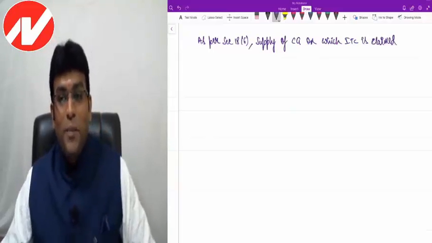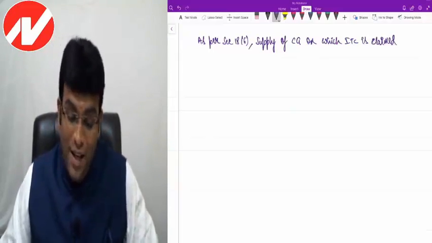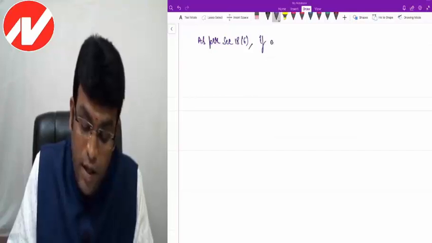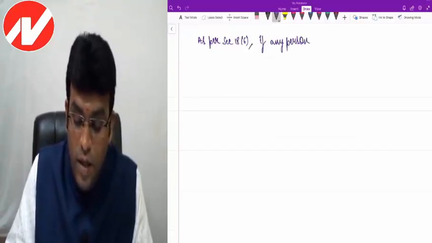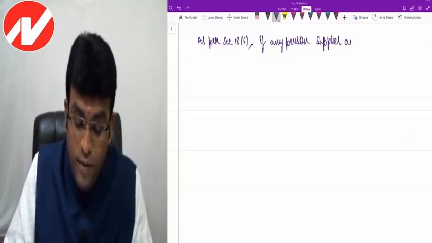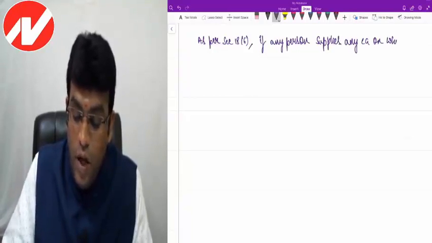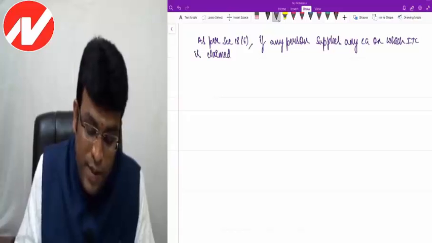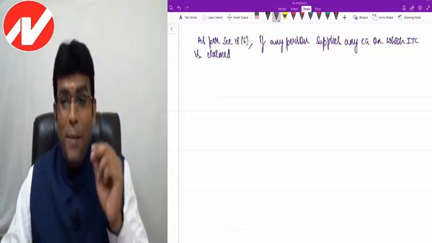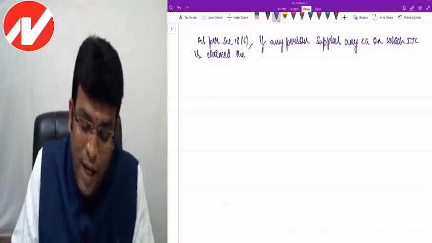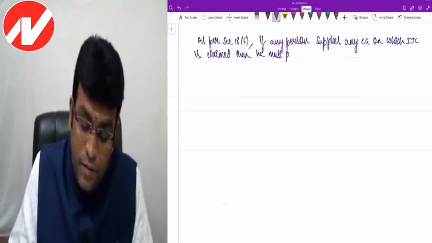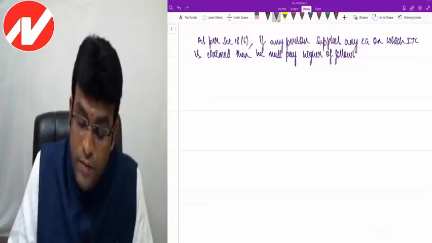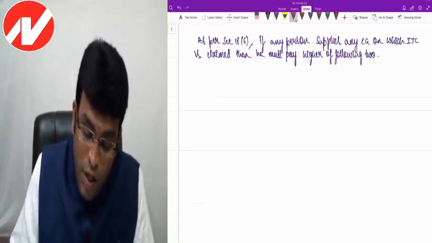In other words, as per section 18(6), if any person supplies any capital good on which ITC is claimed, then he must pay higher of following two. Higher of following two. What is the following two?